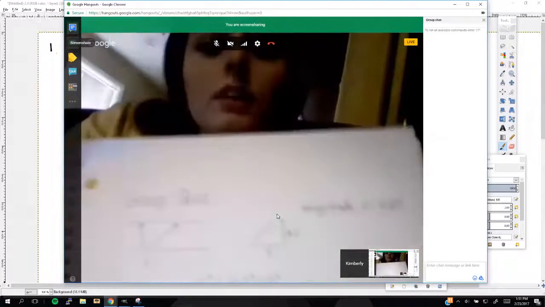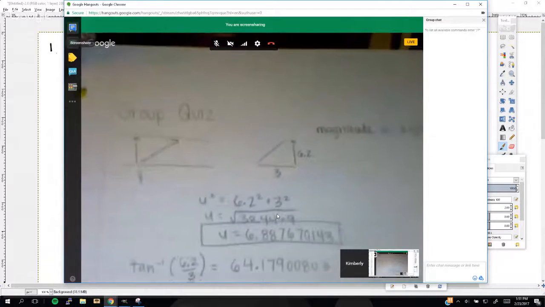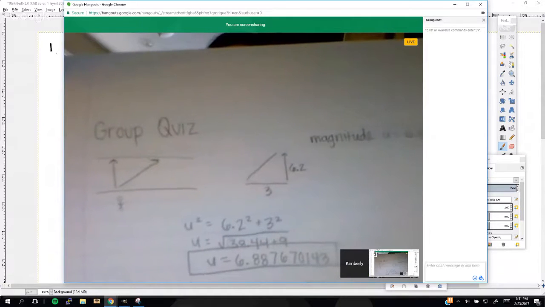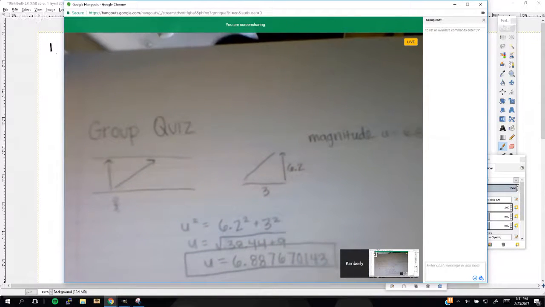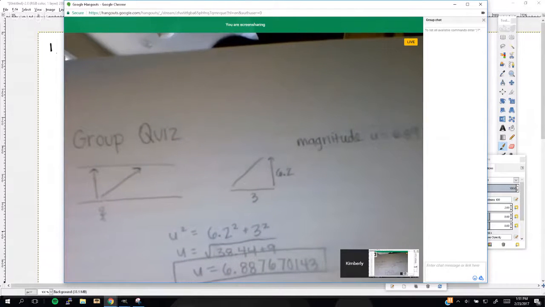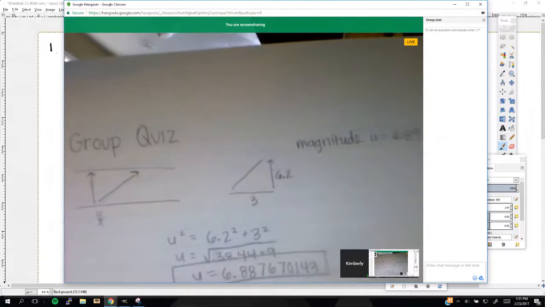I don't know if you can see this. Yeah, I can see it. So I just drew out the triangle with 6.2 on one side and 3 on the other, and then set it up like that.